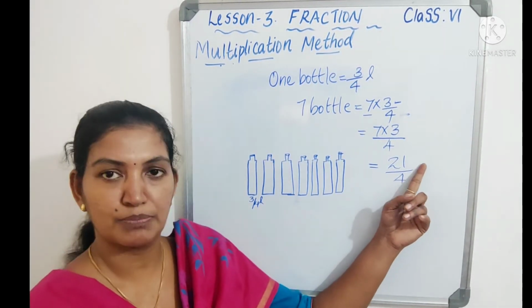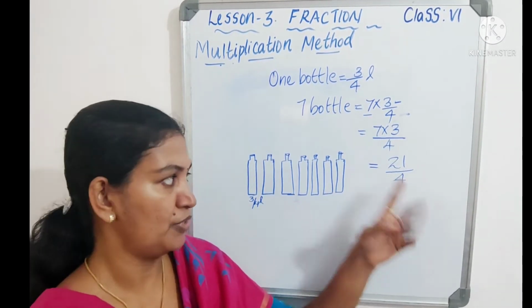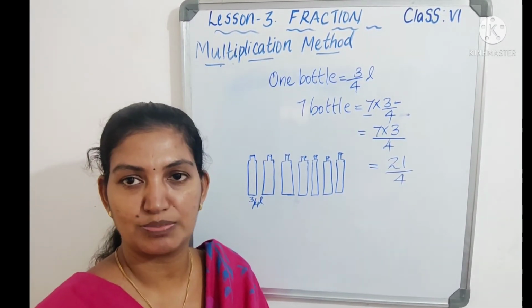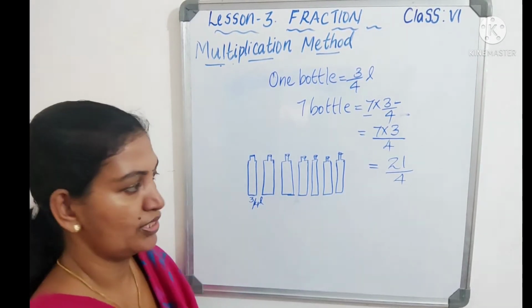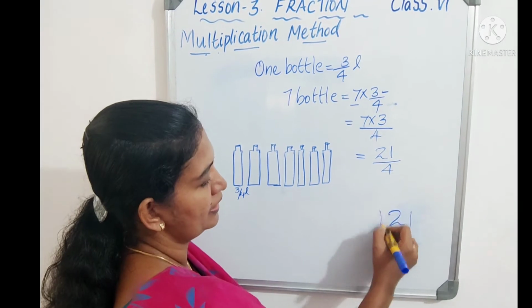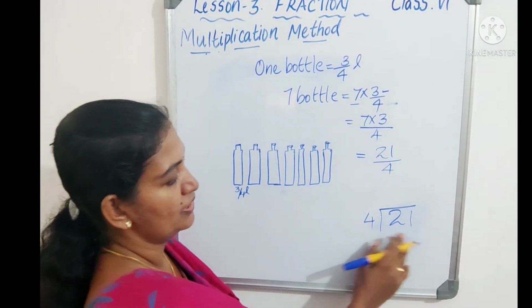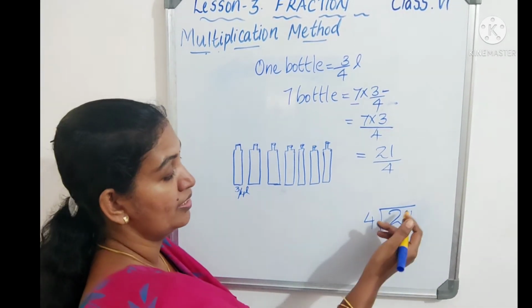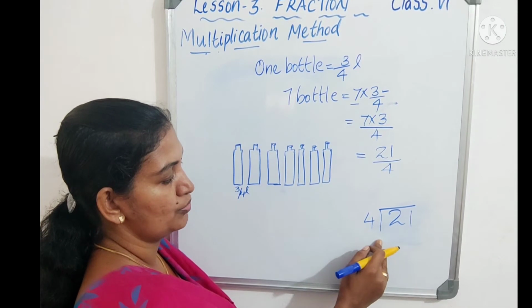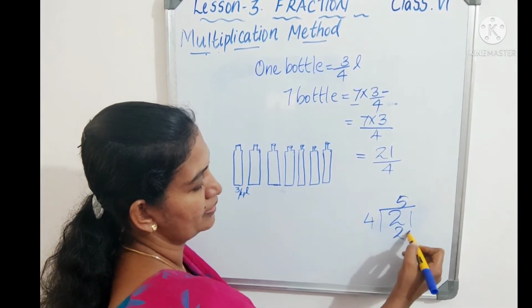Now we know that this is an improper fraction, that is, the numerator is big and the denominator is small. If the numerator is big and the denominator is small, we have to convert it into a mixed fraction. How can you convert 21 divided by 4? In 21, 4 goes 5 times. 5 4s are 20.